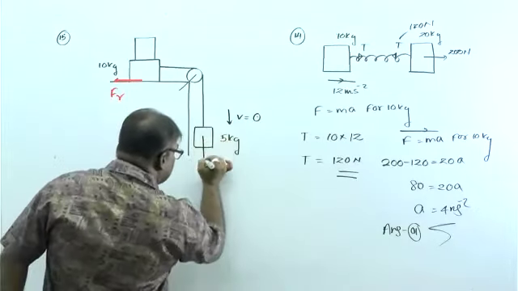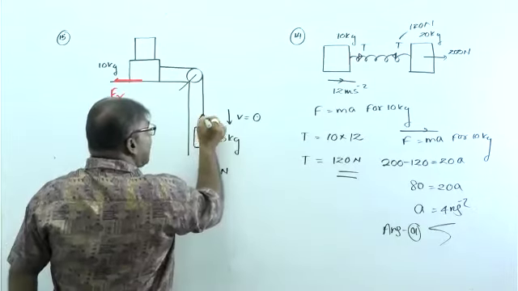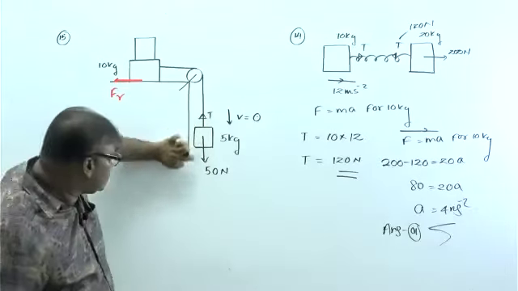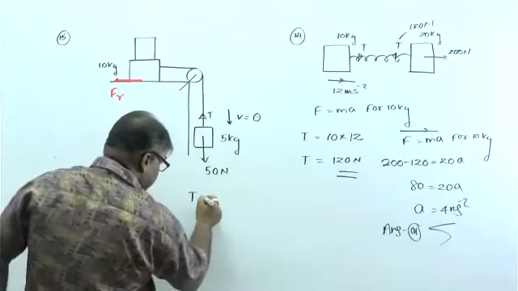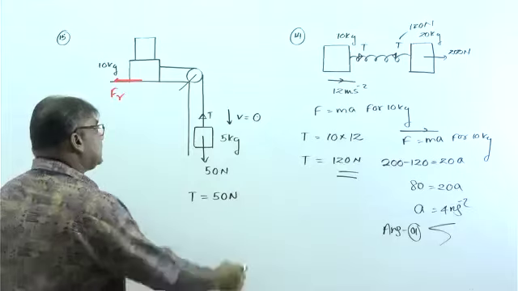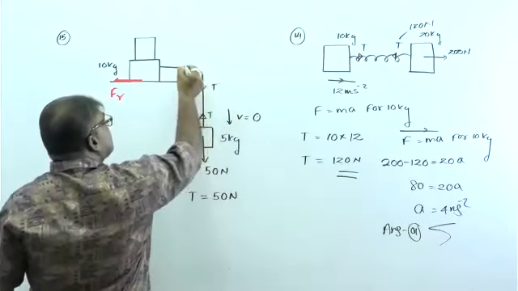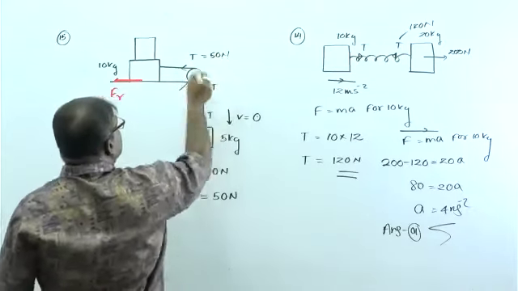Then weight 50 Newton. Here we have tension. But as there is no motion of this one, this could be equal to this one. Then tension T should be 50 Newton. Okay? Yes. Then this is tension. Frictionless pulley, this is also 50 Newton.